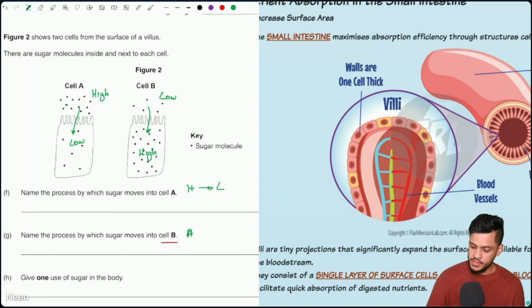Cell B is low to high. No one remember? Yep, well done, Harry. It's diffusion for the first one. There we go. And second one is active transport.